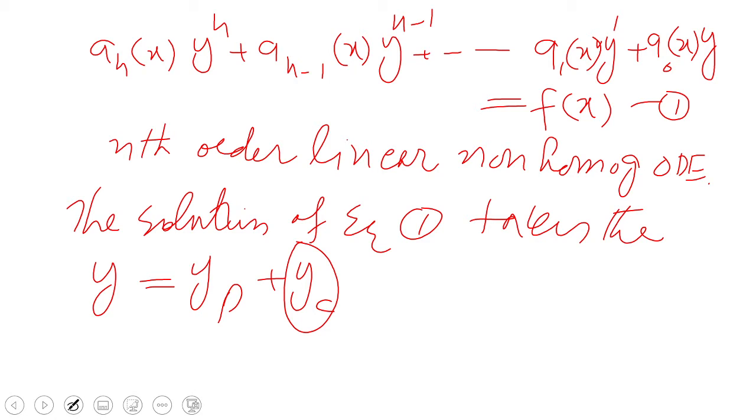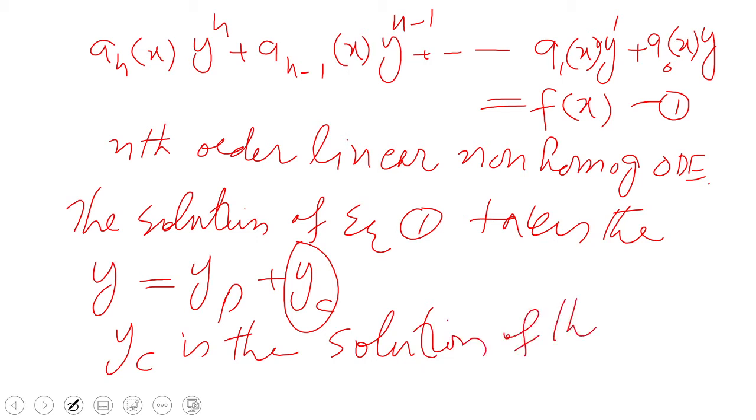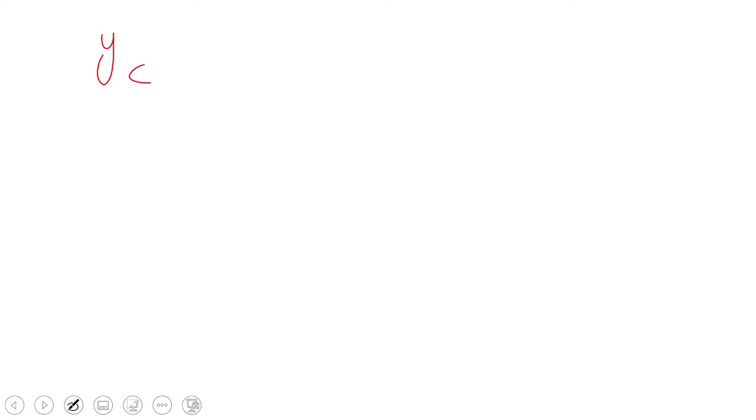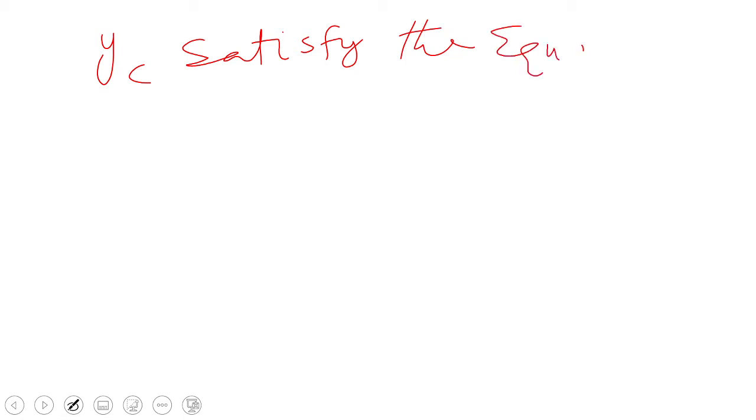Yc is the solution of the homogeneous part, that is, yc satisfies the equation a_n(x) y^(n) + a_(n-1)(x) y^(n-1) + ... + a_0(x) y = 0.